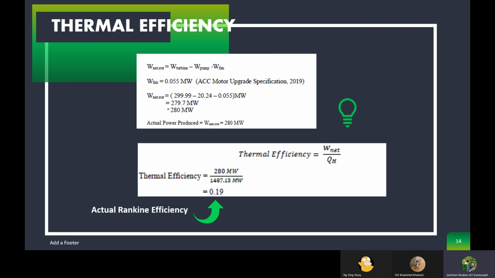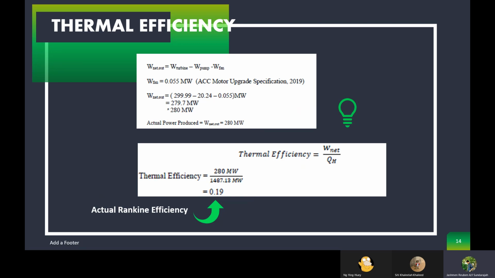The work of the fan was taken from a source that is already cited there. Using all the information available, we managed to get the W net out as 200 megawatts as designated. Using the thermal efficiency formula, we got a thermal efficiency of the design process of 0.19 or 19%.